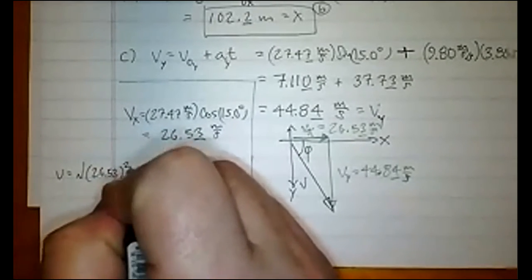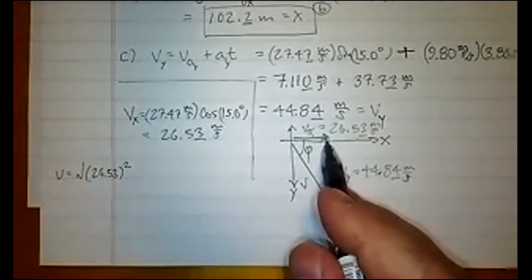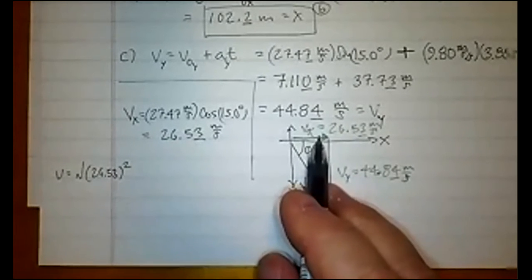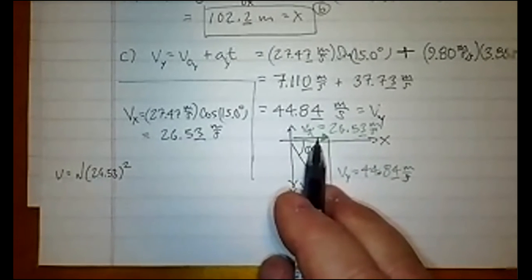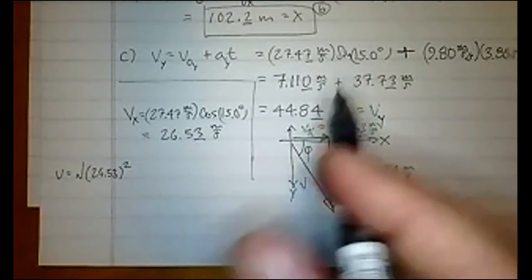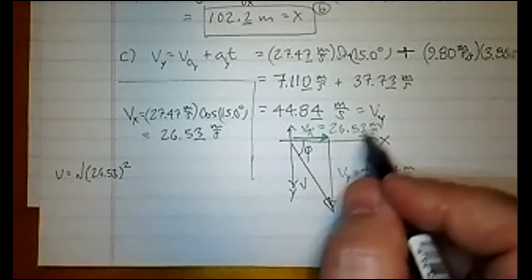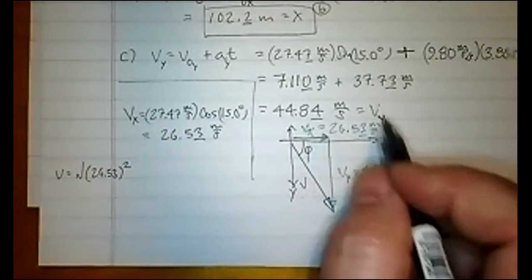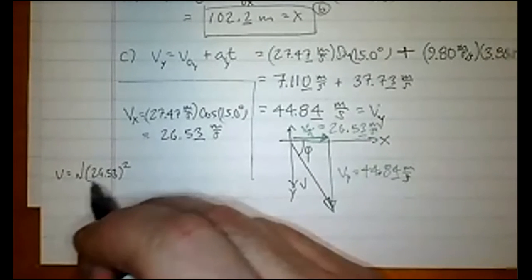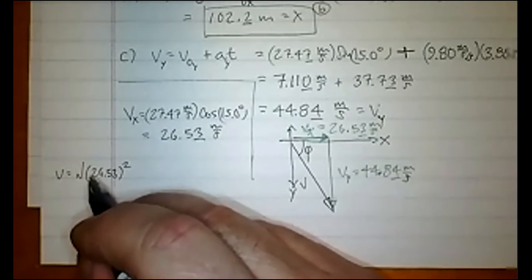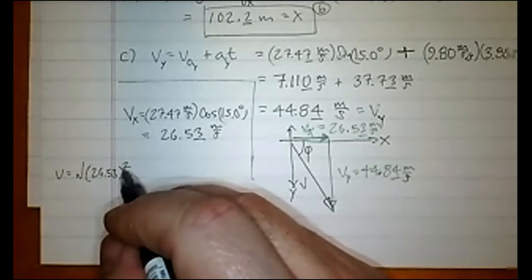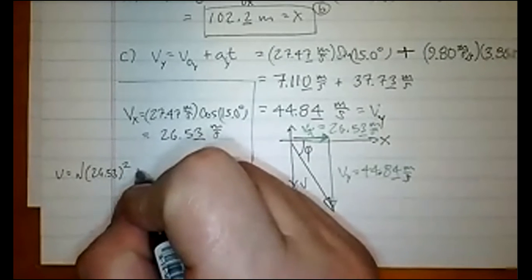But I want to mention something to you. If this component would come out negative, what you've got to understand is you always put the whole component inside the parentheses. So if this was negative 26.53, the negative would be inside it, so that when you square it, it's automatically going to be positive.